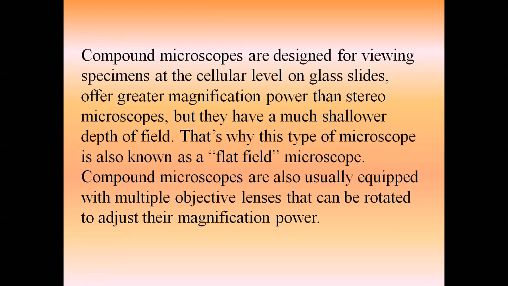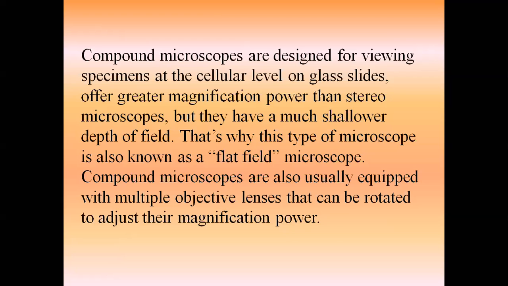But they have a much shallower depth of field. Again, this term is coming up, depth of field, and you should be very familiar with these technical terms. Depth of field means, along the axis or direction in which you are viewing the sample, how far you can see the sample very clearly.